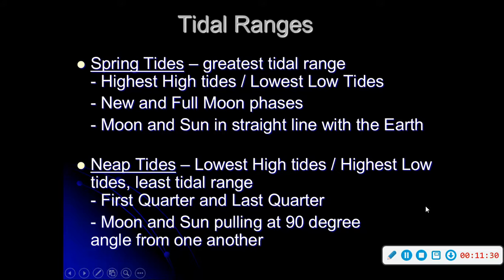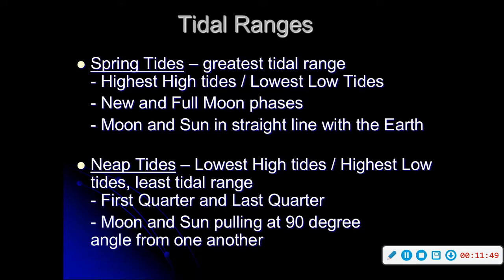So during the month, because of the revolution, spring tides and neap tides happen. And spring tides have the greatest tidal range. These are the highest high tides and lowest low tides of the month.